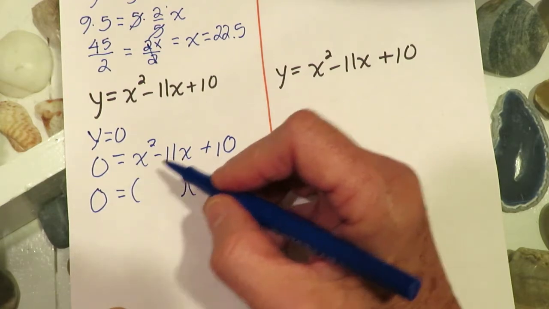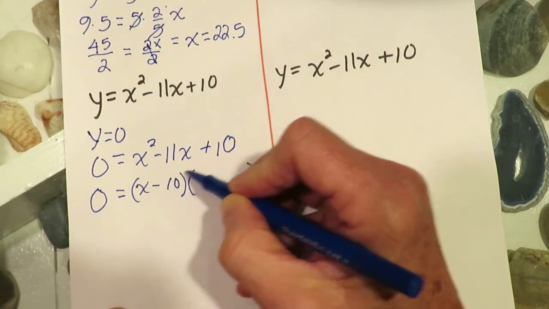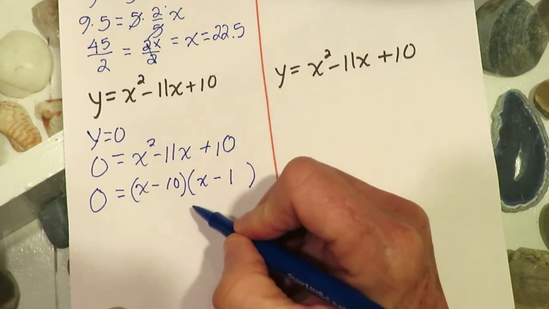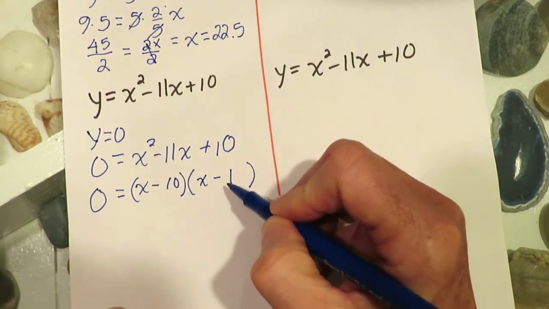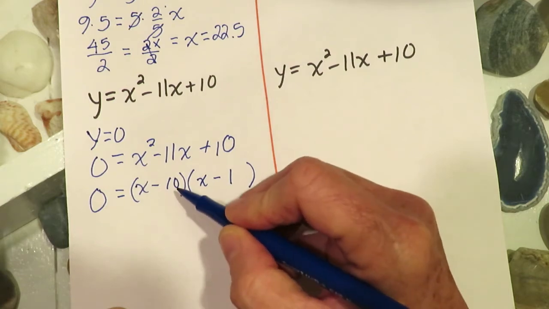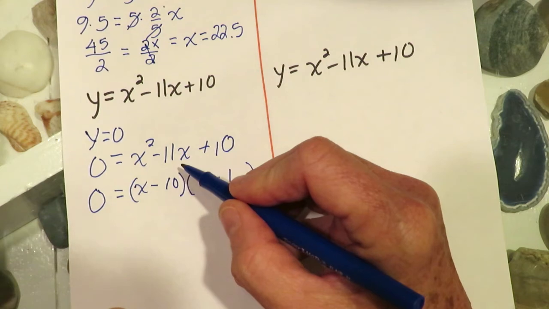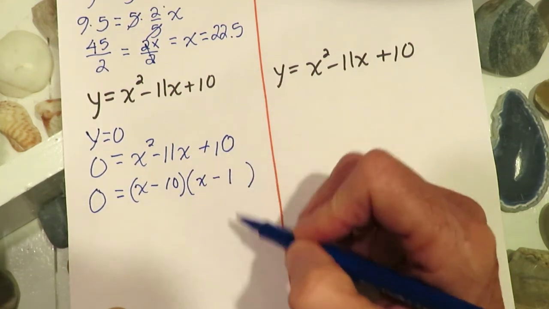So 10 and 1 will work. If I put x minus 10 and then x minus 1, notice x times x is x squared. x times -1 combined with -10 times x will give me -11 times x, and -10 times -1 is +10.